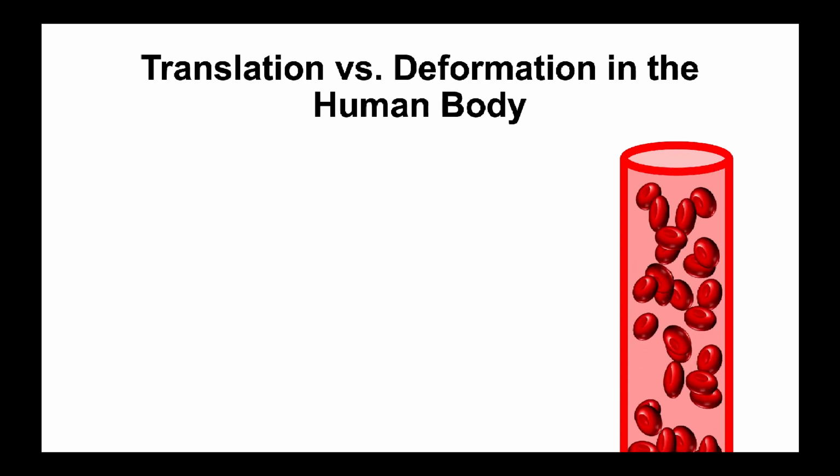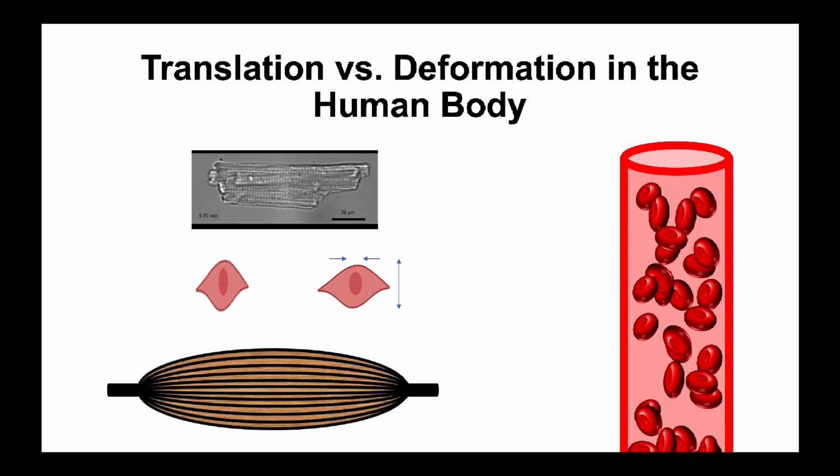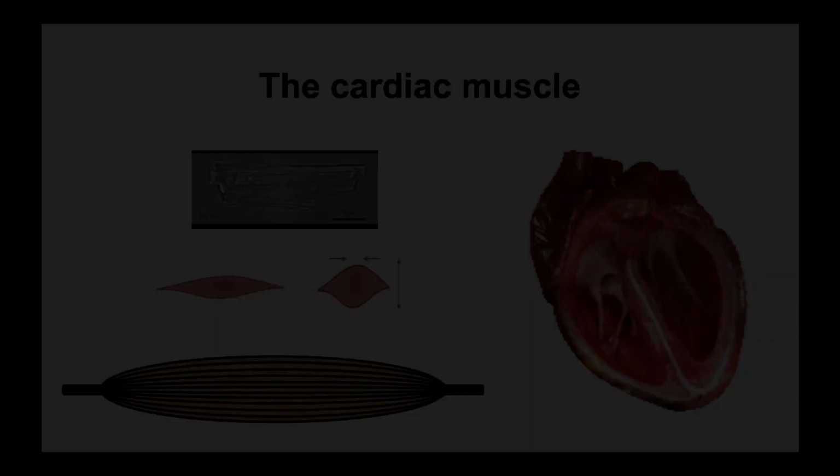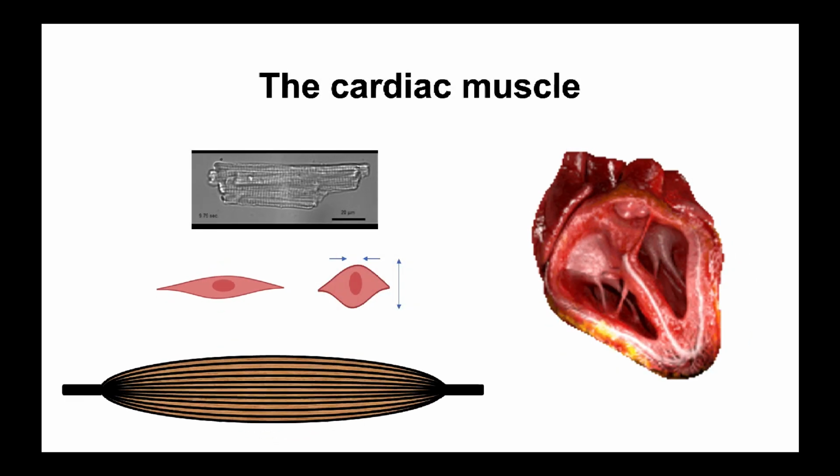An example of deformation movement can also be appreciated microscopically at the level of a myocyte. When excited, a muscle cell will deform to contract. Such deformation is released when it relaxes. At a macroscopic level, this translates also into a muscle contraction and deformation. The heart is also a muscle and thus deforms in similar ways.